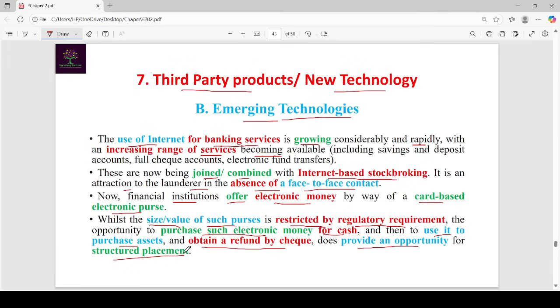So in this process they are injecting their illegal money into the electronic wallets and converting those funds into legal funds. After that, illegal money is refunded as legal money. So by using this method, these money launderers, terrorists or criminals are converting their illegal funds to legal funds. That's why they are attracted to this method.